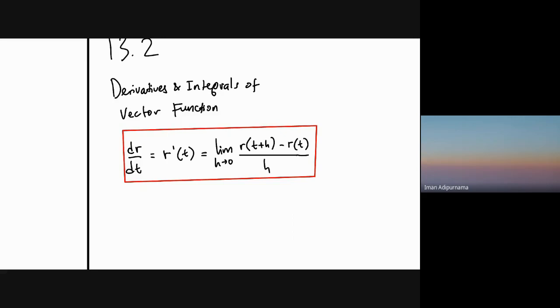And it's similar, just changing with the t, and this is the first derivative of r. And don't forget that this is true if the limit provided exists.